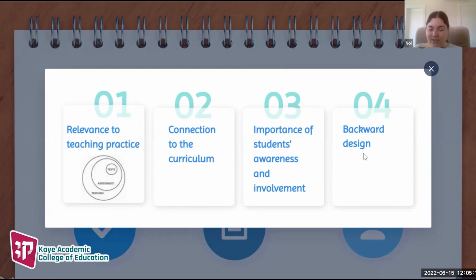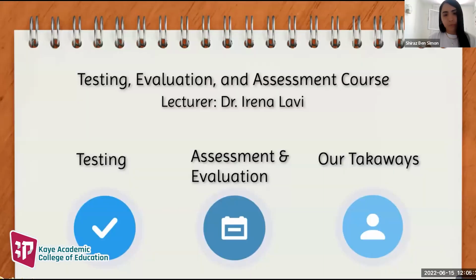You start with, okay, where do I want to get the students? I want them to be able to use the language in the right context. I want them to be able to introduce themselves. And then you go back through the stages. How do I get them there? So you start from the end, not the test, but the goal. And then you go back and build the teaching, the assessment, and the test. Exactly. So that was our experience.